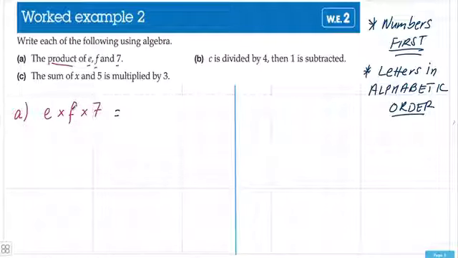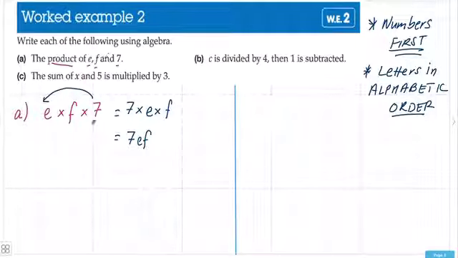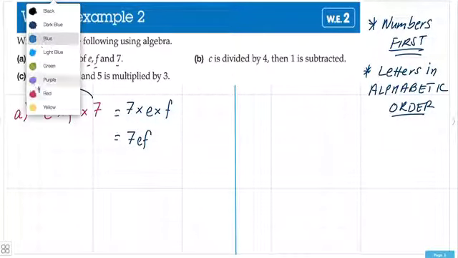So what we can see here is E and F, they're in alphabetical order, so that's okay. I'm going to leave them there. But the 7, I'm actually going to move that to the front. So it's 7 times E times F, like that. And what you might remember as well is you don't need to write the multiply signs anymore because it's algebra. So we can actually write this just as 7EF, and that means the product of E, F and 7. You just multiplied them all together and took away the multiply signs.